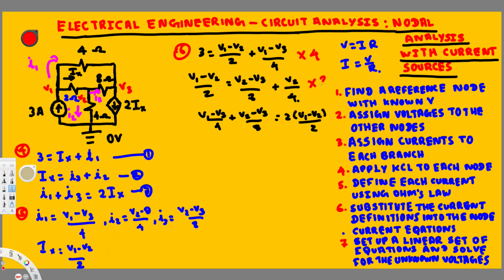If you multiply this one by 8, all the denominators will cancel. Again, this is also the same thing, multiply by 8. If you multiply the first equation by 4, you will end up with 3 times 4, 12. 12 is equal to, this is going to be 2 because 4 times this will be cancelled with 2, right? So we are going to have 2 on the numerator.